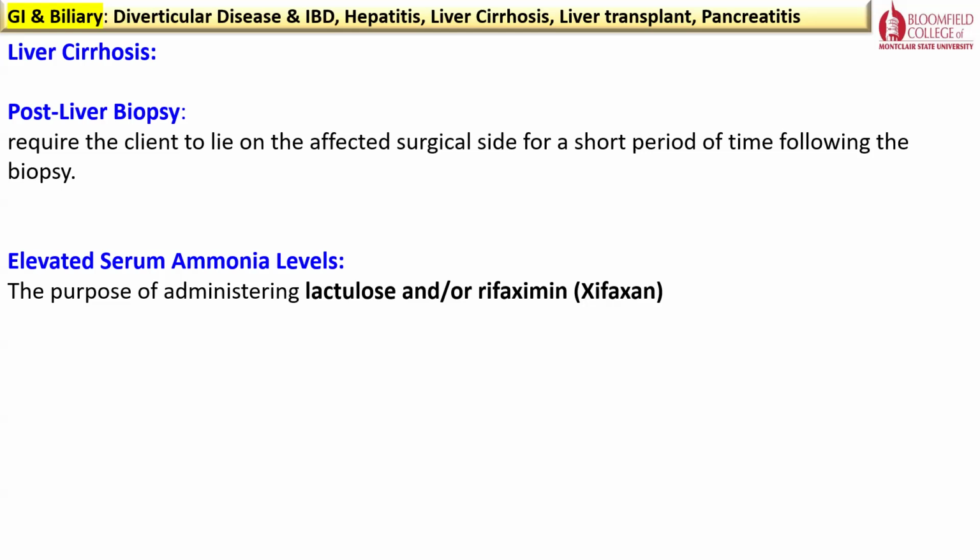And the high ammonia level in the blood results in encephalopathy, and the patient starts to have behavioral alterations due to that increased ammonia level. And you read about lactulose and rifaximin, and the purpose of lactulose and rifaximin in patients with cirrhosis is to lower the ammonia level to prevent the encephalopathy.